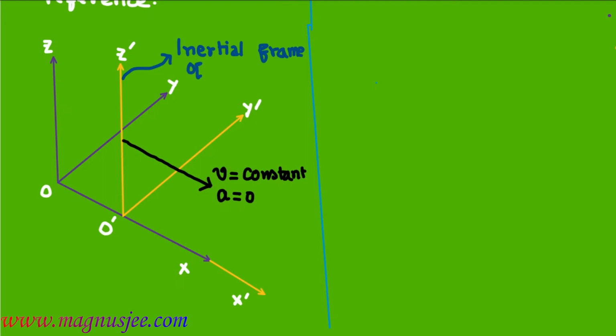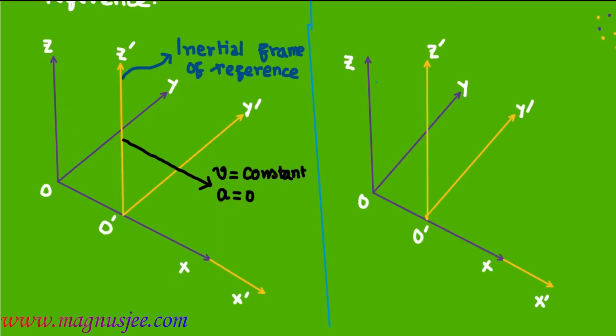That's why this new set of axes denoted by yellow color can be assumed as inertial frame of reference with respect to the other inertial frame of reference. As this new set of axes is moving with constant velocity and zero acceleration, this new set of axes is inertial frame of reference.